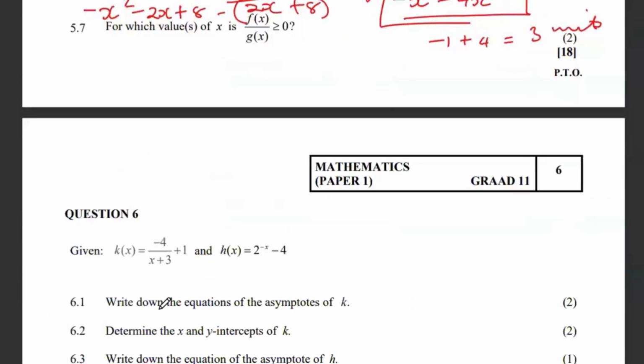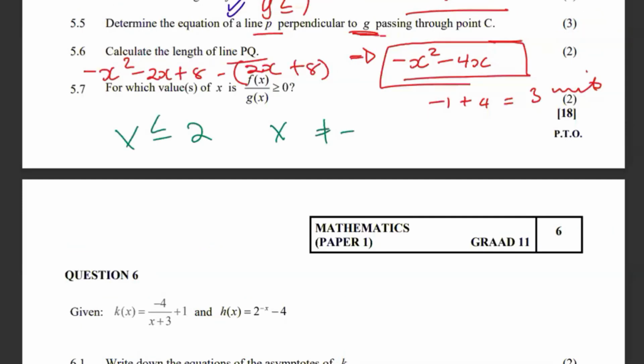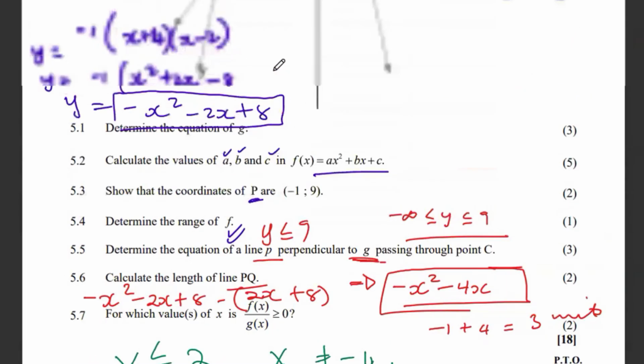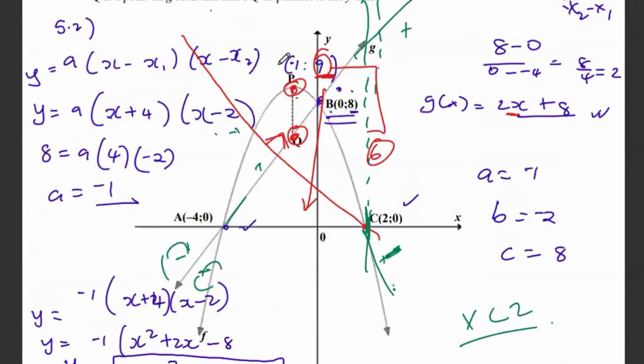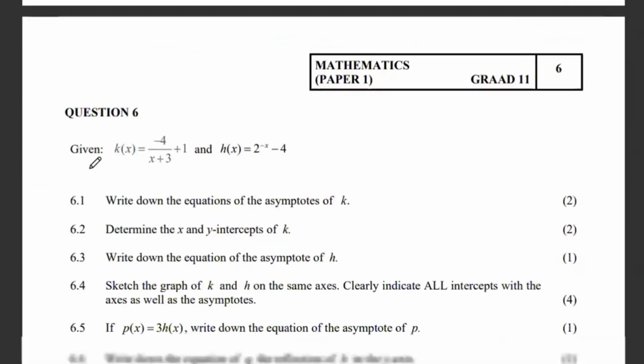So we say x should never be negative 4. That is how we go about it. If x is ever negative 4, then the denominator might end up being undefined. Remember, we're dealing with a straight line, so it's going to give us a 0 somewhere there. That's why we're putting up that condition.